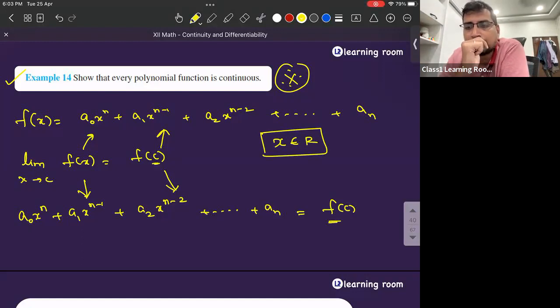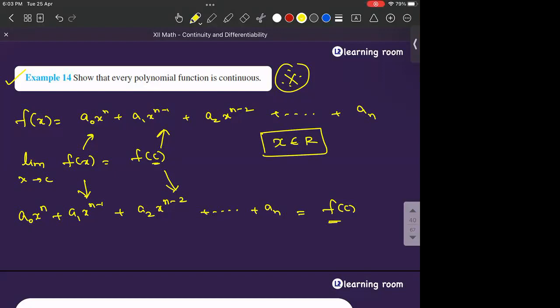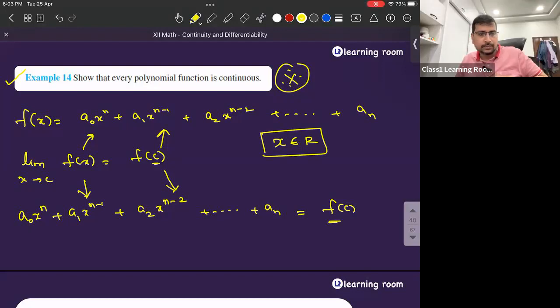Is the point clear? Am I clear? Yeah? Sir, tell me. Shouldn't we substitute c in the place of x? That's what I did. Oh, here, sorry, a naught c power n, this thing, yeah. No, it's the same thing, right? A naught c power n plus a1 c power n minus 1 plus so on till an.